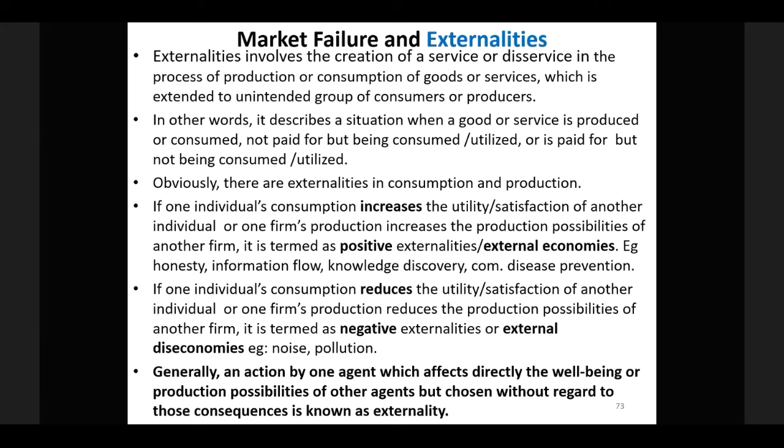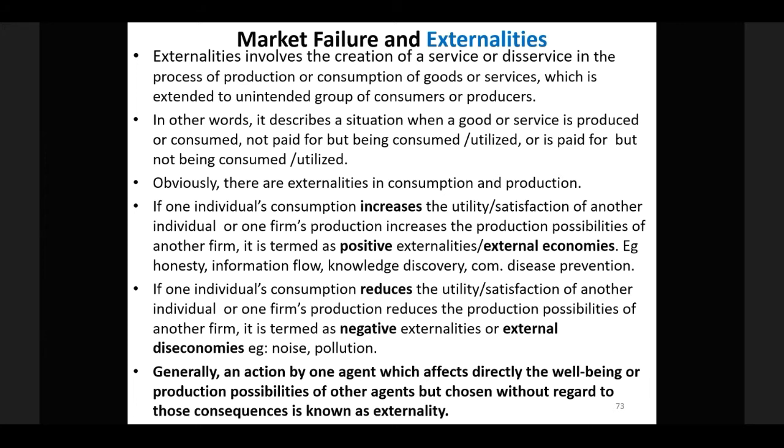From another perspective, we say externalities involve the creation of a service or disservice in the process of production or consumption of goods or services, which is extended to an unintended group of consumers or producers.